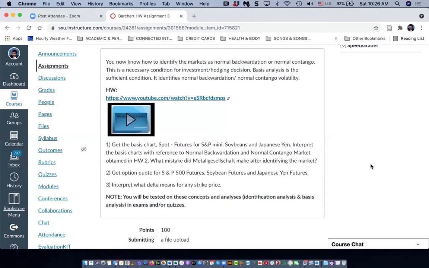That is, they looked at the return side of branding the market as normal backwardation, and they were great in that, but they did not do the risk analysis, which is the basis analysis. And so they could have seen this very clearly, that there will be danger ahead. And when you see danger ahead, you do risk management.